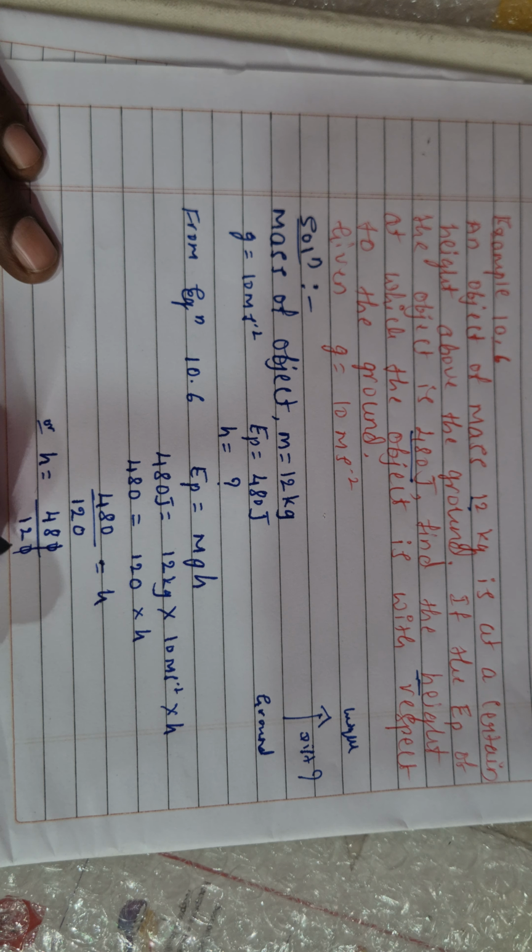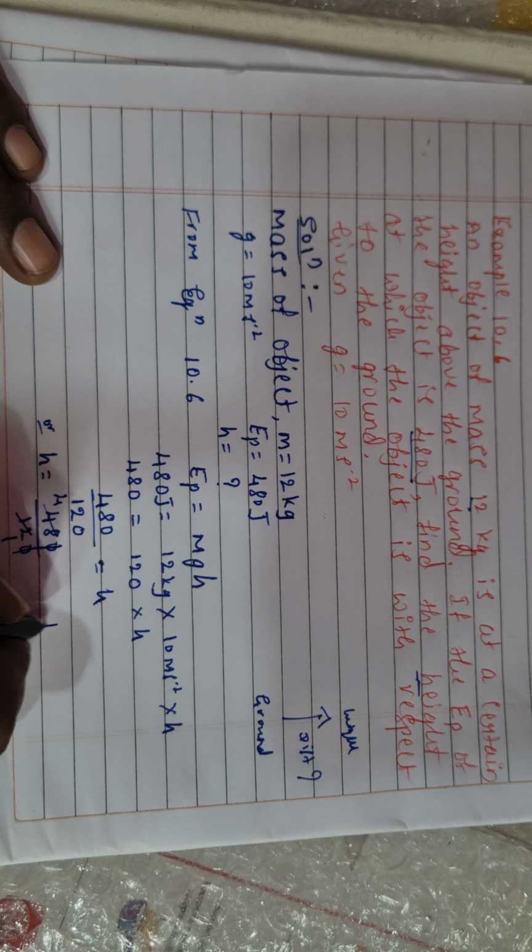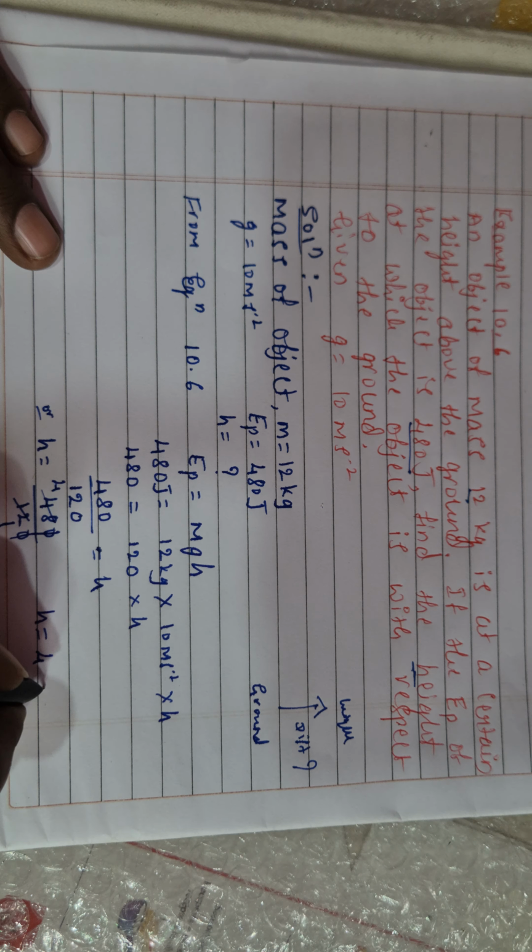These two zeros are cancelled. 12 ones are 12, 12 fours are 48. It becomes h is equal to 4.